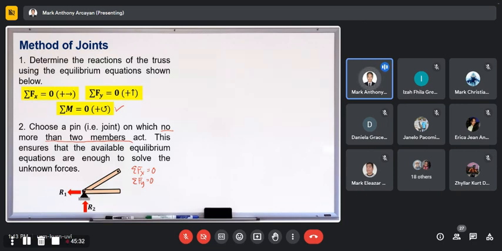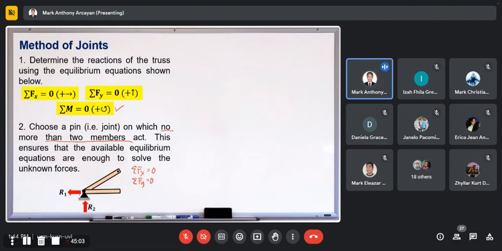So sa particle, sa discussion sa equilibrium of a particle, only two equilibrium equations ra man ang pwede magamit. Wala man siya summation of moment. So with these two equilibrium equations nga available for joint analysis, kailangan duha ra pod ang unknown nimo. So mao nang dili pwede ma-exceed ang imong unknowns, dili pwede tulo ka members ang unknown. So dapat duha lang. So mamili ka.